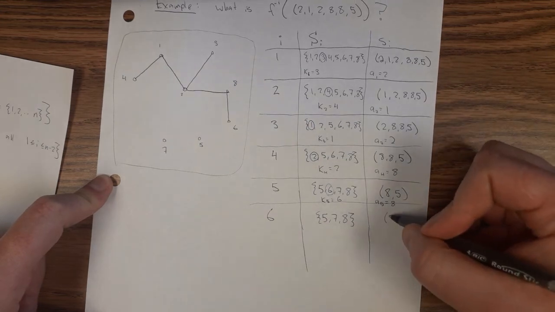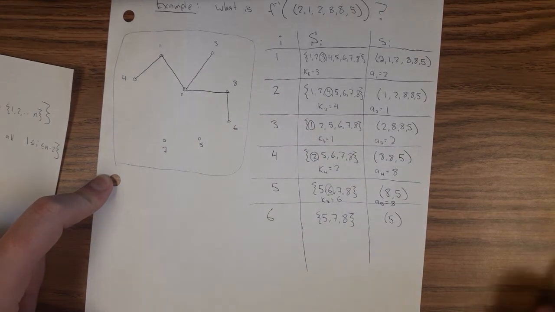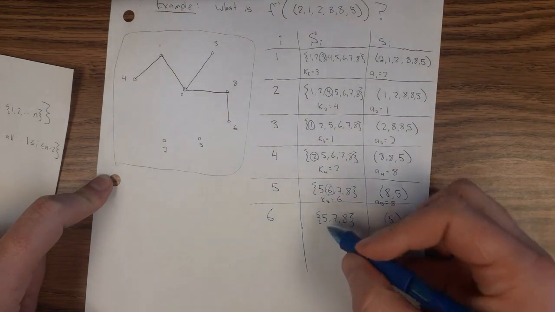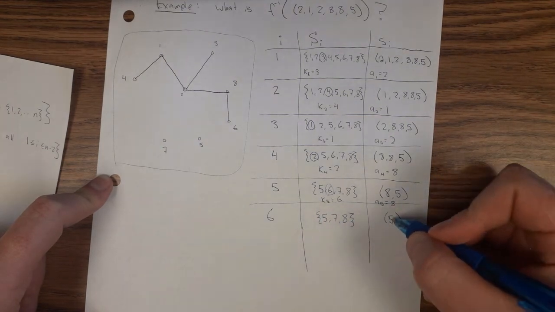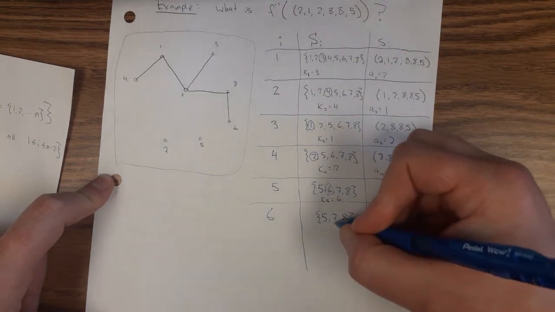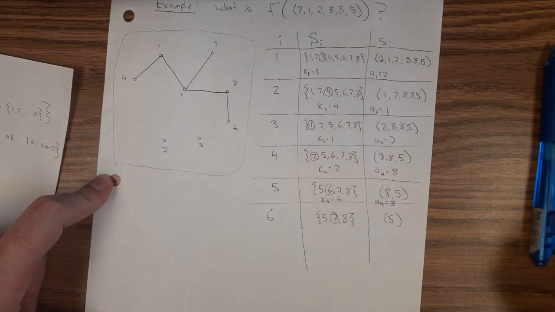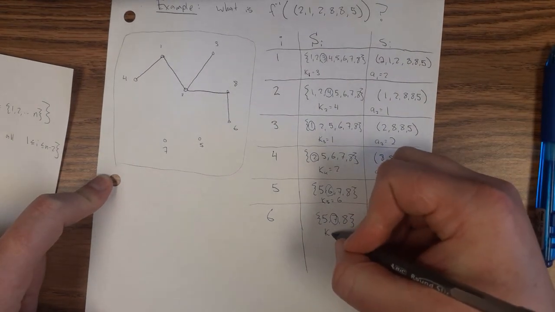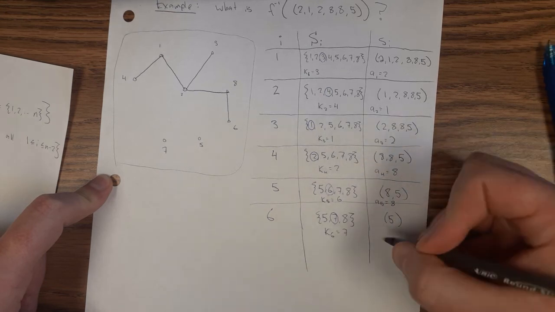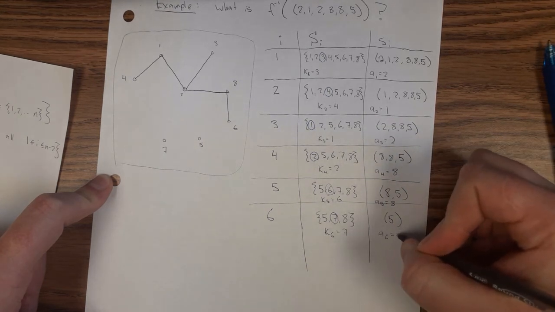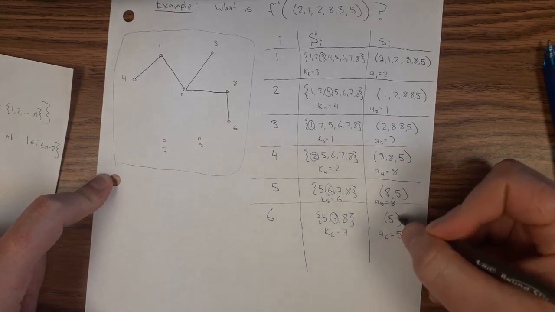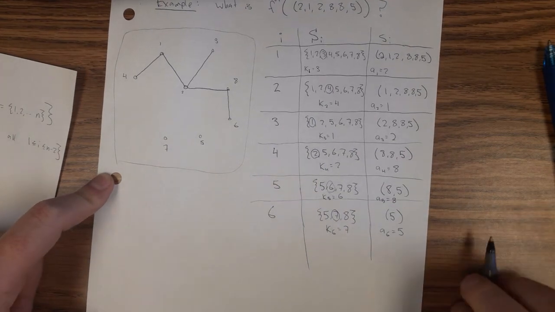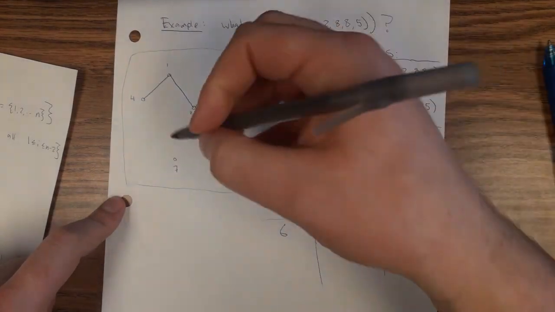My next sequence is just plain 5. I look for the smallest thing here that doesn't appear here. That would be 7. So my next k is 7. My next a is, of course, just the 5, so I draw an edge from 7 to 5.